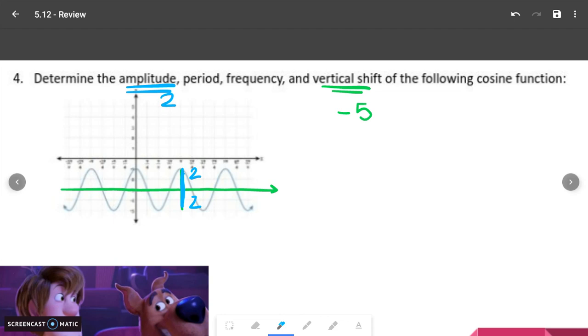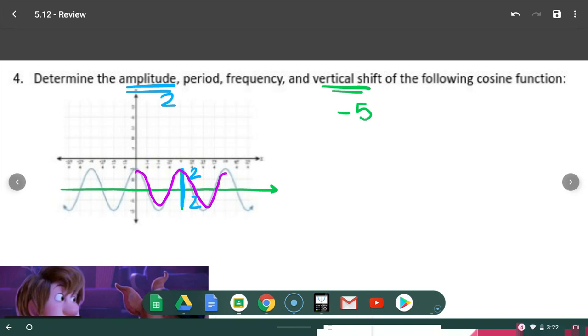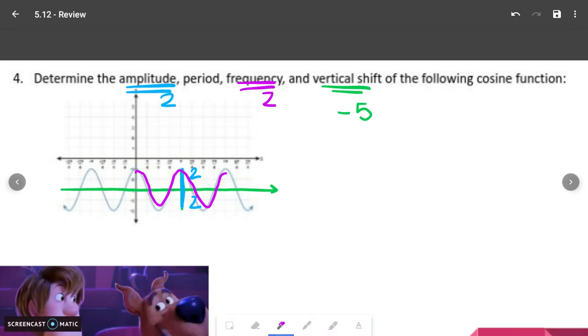Now, the frequency is how many times it occurs from 0 to 2 pi. So for the frequency, I'm going 1, 2. It happened twice to get to 2 pi, which was here.